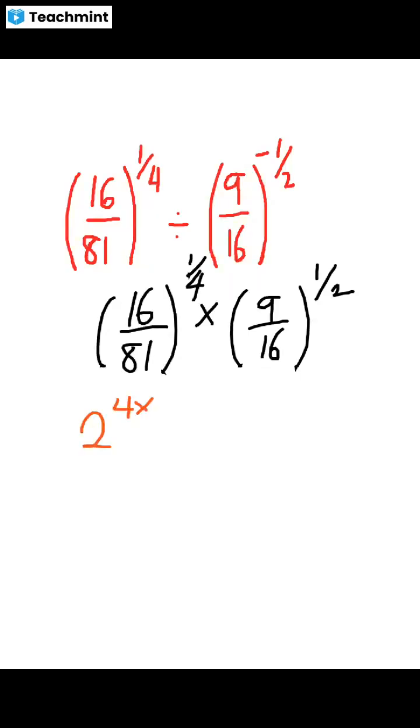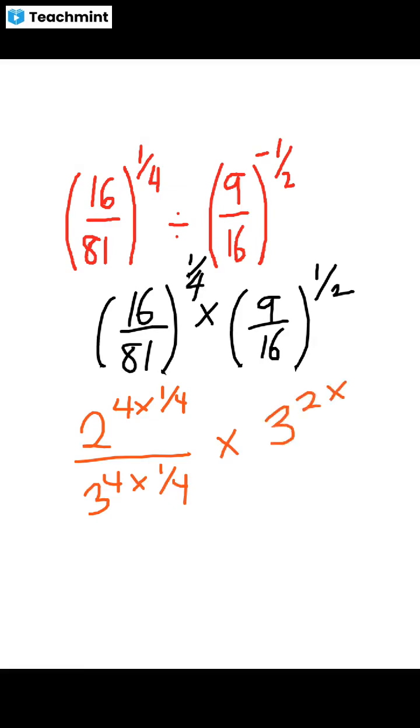So multiply by the power that's already there. You see how easy that's going to be? 81 can be 3 raised to the power 4, times the power that it is having, times this one is 3 raised to the power 2 multiplied by the half that it is carrying.